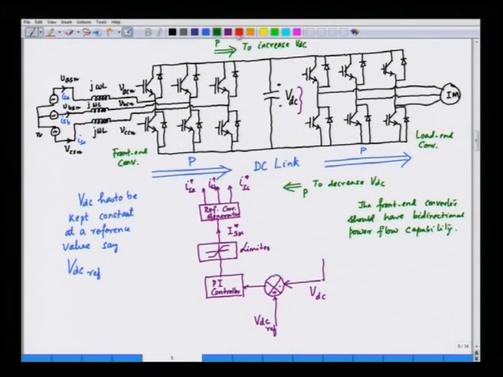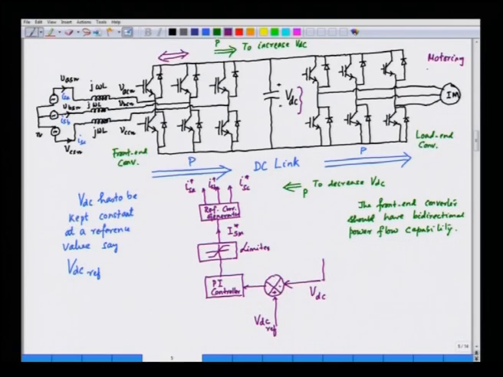So, we can say that the power flow can be bidirectional here depending upon the situation, whether we want to increase VDC or we want to decrease VDC, whether the motor is operating under motoring region or under braking region. In fact, in this case we can go for motoring as well as for braking.